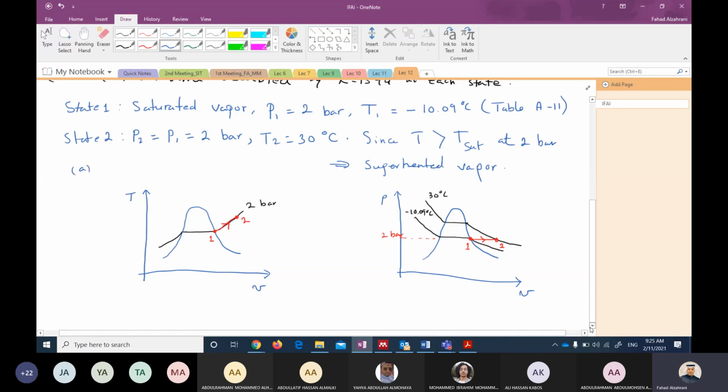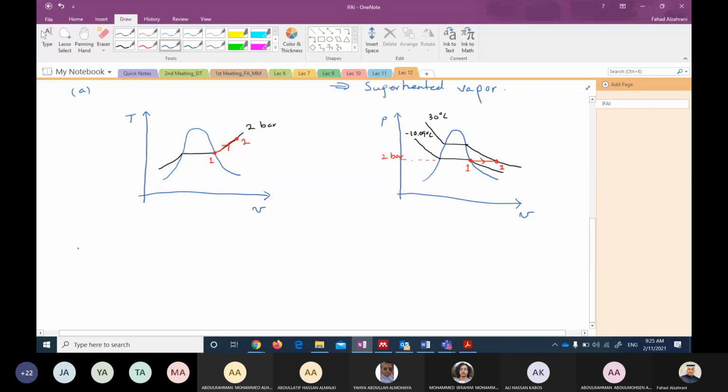What about part B? How do we find the volume occupied in meter cubed? What do you think? They multiply the mass by the specific volume. Correct. Specific volume is volume divided by the mass. So the volume equals mass times specific volume.